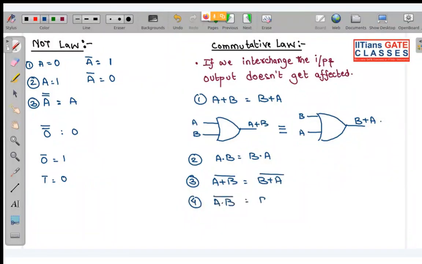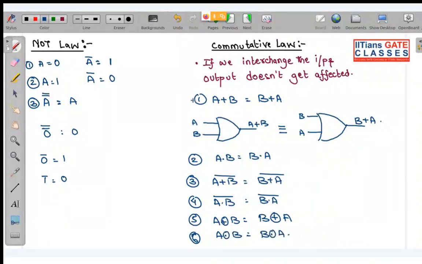A dot B whole complement, this is equal to B dot A whole complement. Okay. A XOR B, this is equal to B XOR A. And sixth point is what? A XNOR B is equal to B XNOR A.